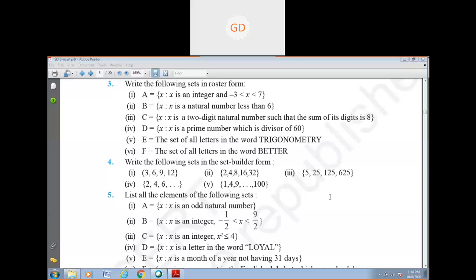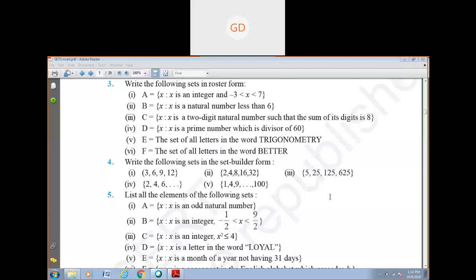The first x represents all the elements, so the characteristics we mention after such that must be well defined, otherwise it will not be possible to get the elements from the definition. So that's the structure of set builder.